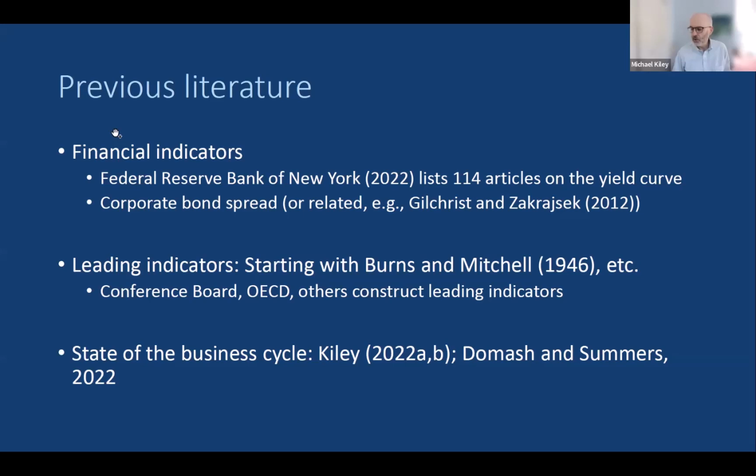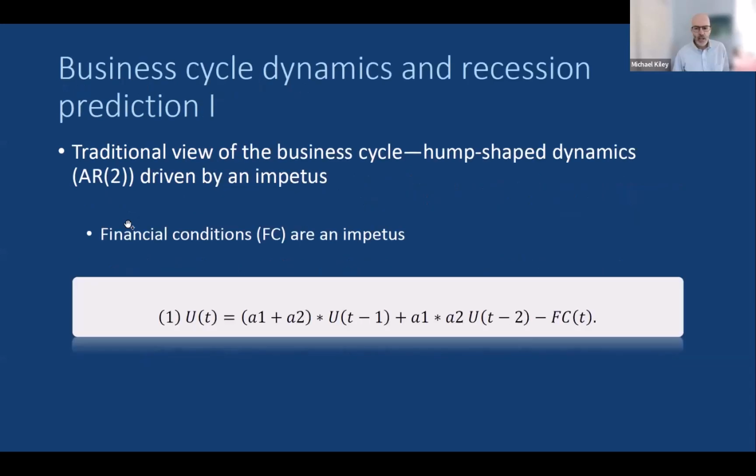And so low unemployment is a good predictor of large increases in unemployment in recessions, and that's something that I explored in my JMCB paper and some other papers, and that Larry Summers and Alex Domash have also talked about. Okay, so that's the previous work, and those are the three categories of variables that I am going to consider.